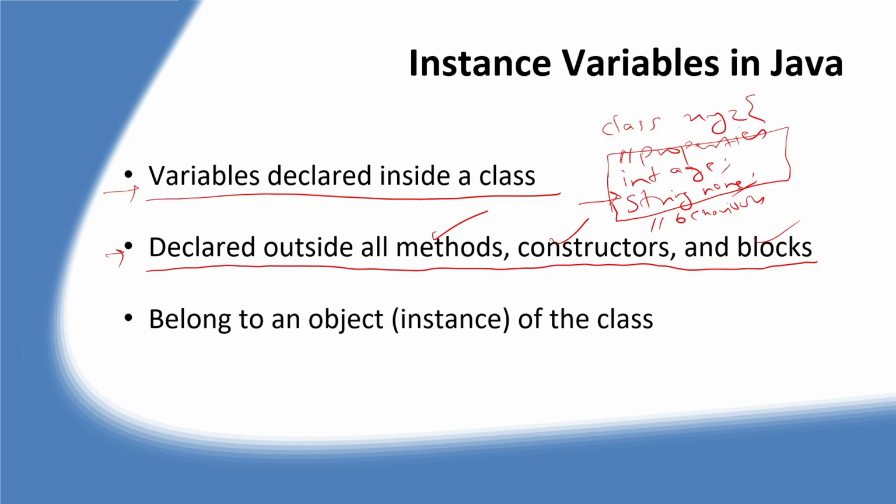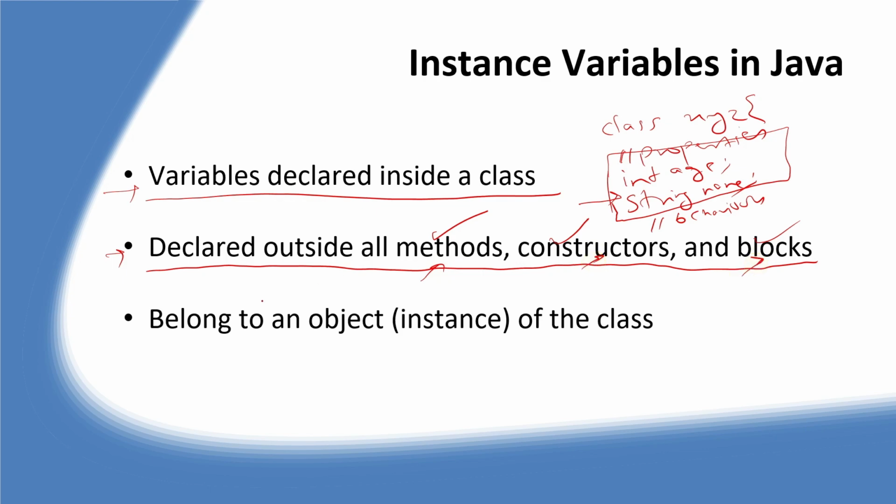So this instance variable should not be inside of any of these. So these properties are directly in the class, not inside any method, any constructor and any blocks. Or in other words, it is outside the methods, outside the constructor, outside the blocks.